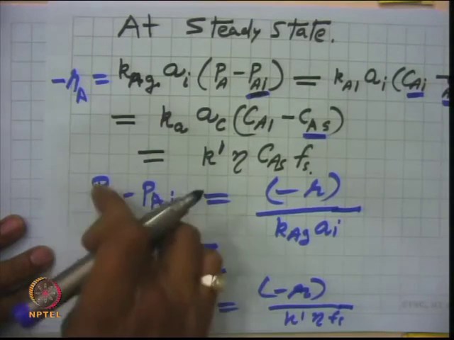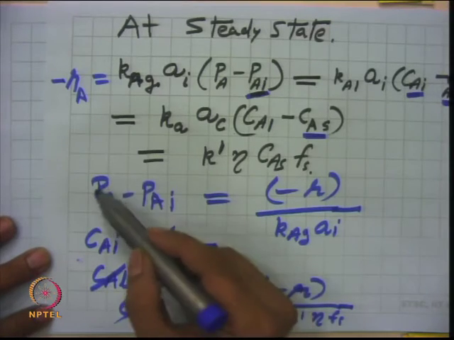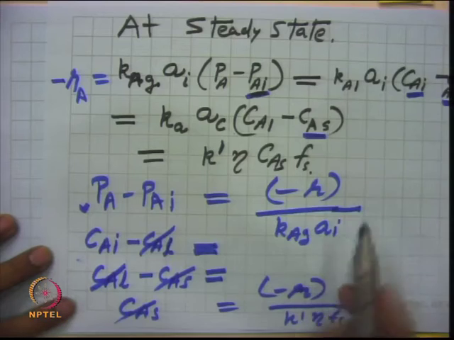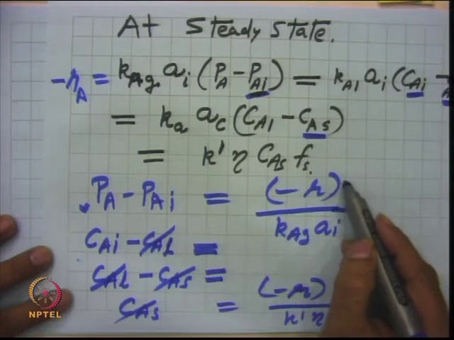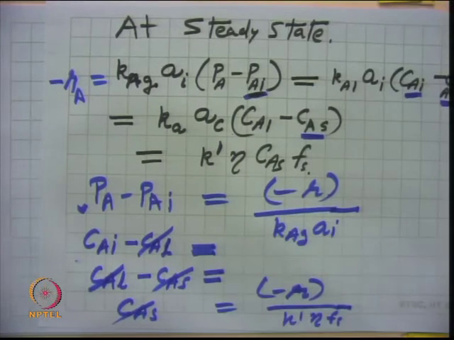So, add all 4 equations. What is left? P_A here. So, P_A is equal to this, R is common, and the rest of the terms will go in the bracket, which is representing nothing but a combined resistance.